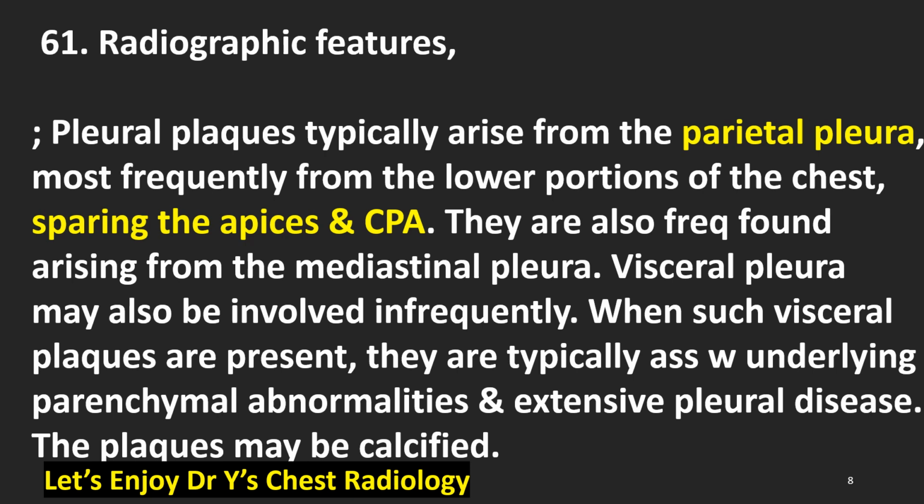Visceral pleura may also be involved infrequently. When such visceral plaques are present, they are typically associated with underlying parenchymal abnormalities, asbestosis, and extensive pleural disease. The plaques may be calcified.